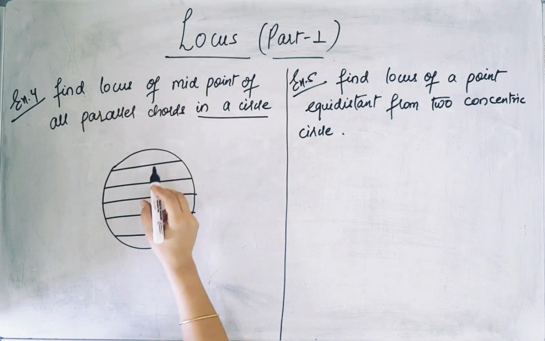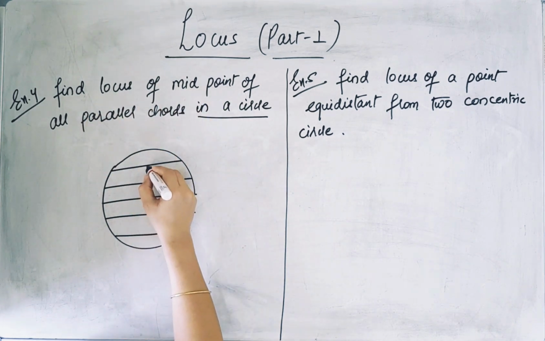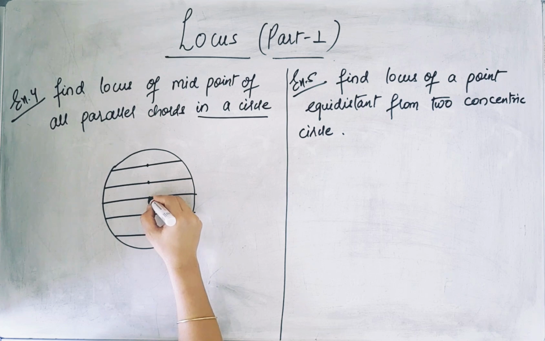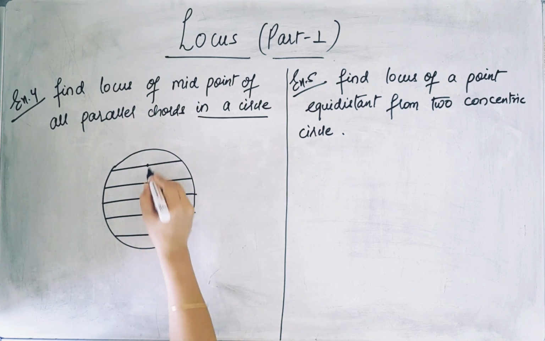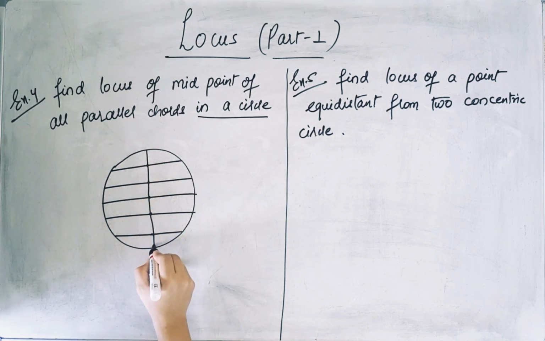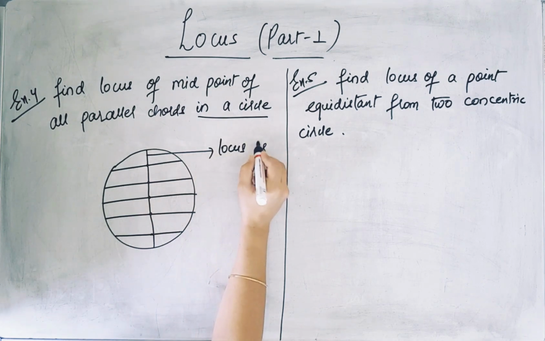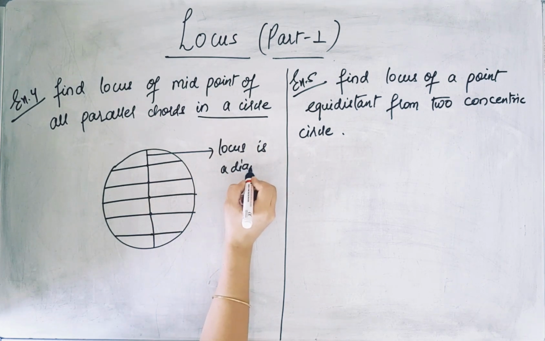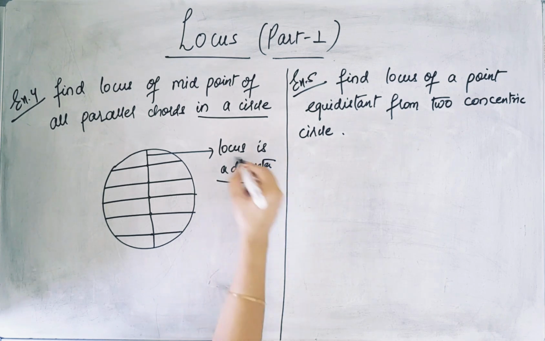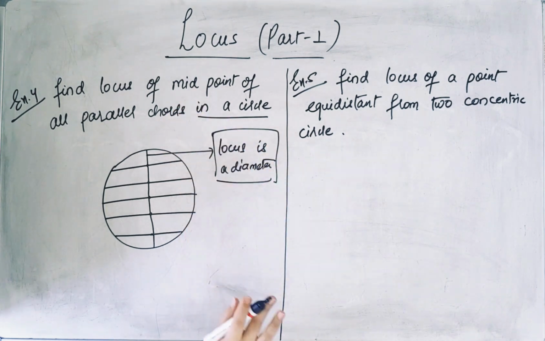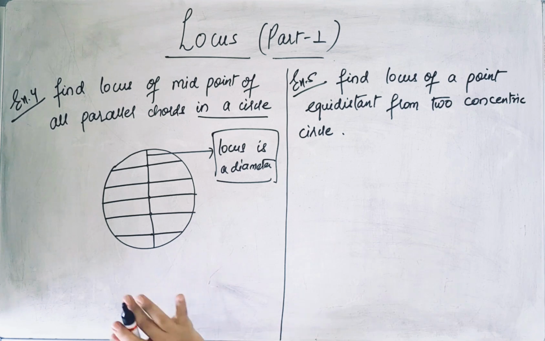Locus of the midpoint of all parallel chords. इन सारे parallel chords का midpoint. So these are their midpoints. If I am joining them, so this is what? This is the locus. Now here locus is what? The locus is the diameter. So locus changes according to the given conditions, but the definition of locus remains the same.